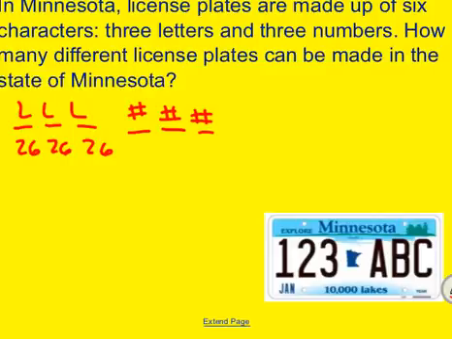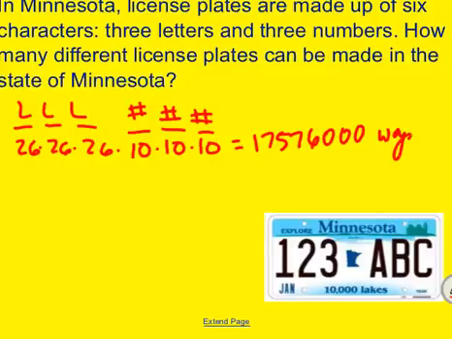Because with 0, 1, 2, 3, 4, 5, 6, 7, 8, 9, you can create all the number combinations in the world. That's why you only have those 10 numbers. So what I would do with this is I'd just multiply them. 26 times 26 times 26 times 10 times 10 times 10. So I'm going to get 17,576,000 ways for a Minnesota license plate.